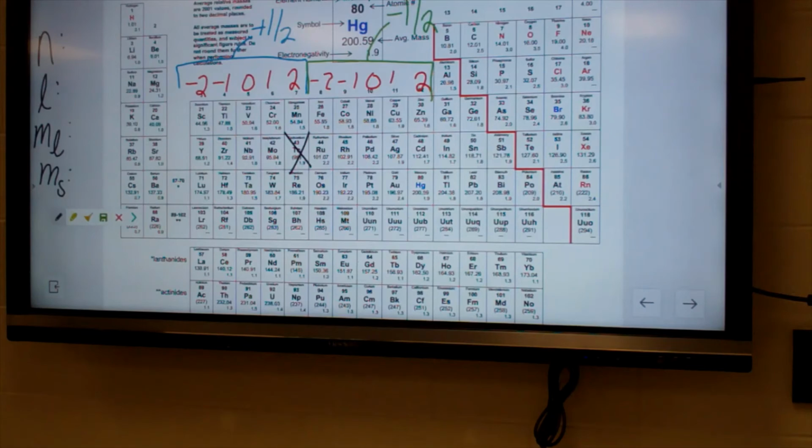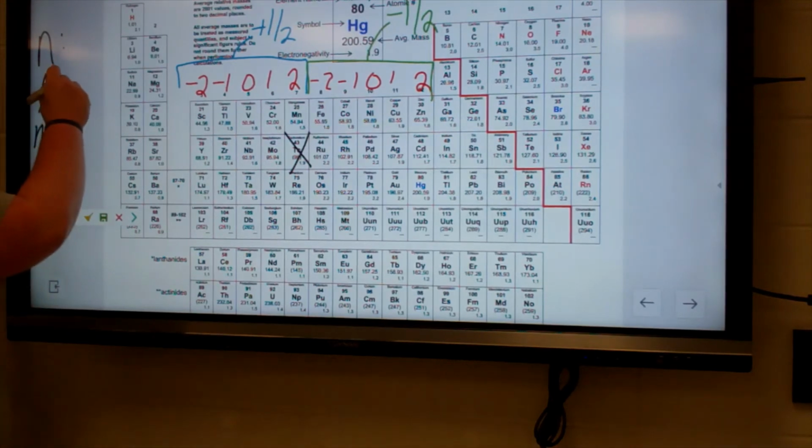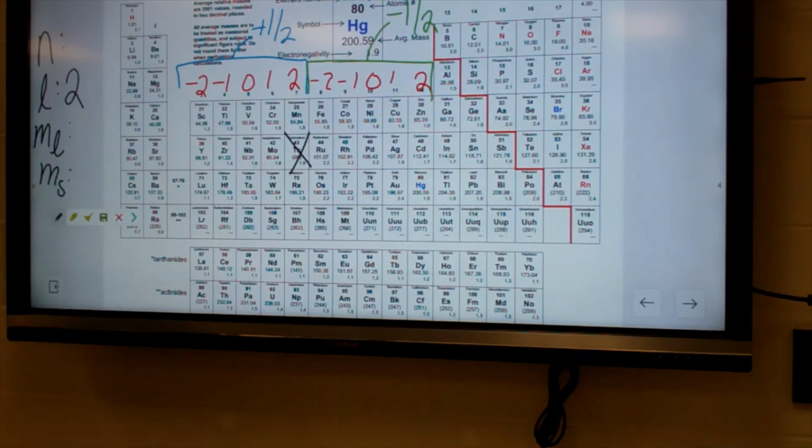Alright, so in this case, remember what I like to start with is L. What's L? 2. How'd you get 2? It's in the D block. It's literally that simple. It's in the D block, so L has to be 2. What about N? 5.